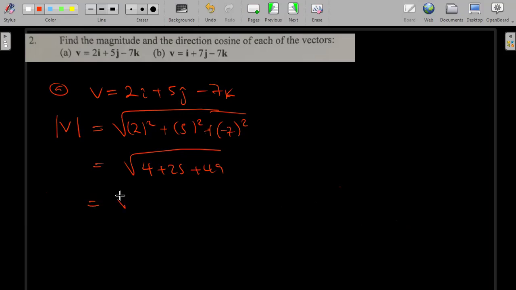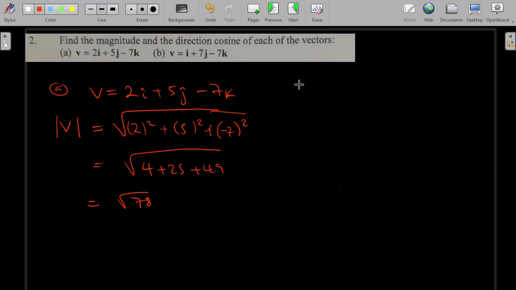Then now you have root of what? Root of 78 as your magnitude there. So we found the magnitude. Now how do we find the direction cosines? So direction cosine just means that I am going to divide my magnitude into every component of my vector.